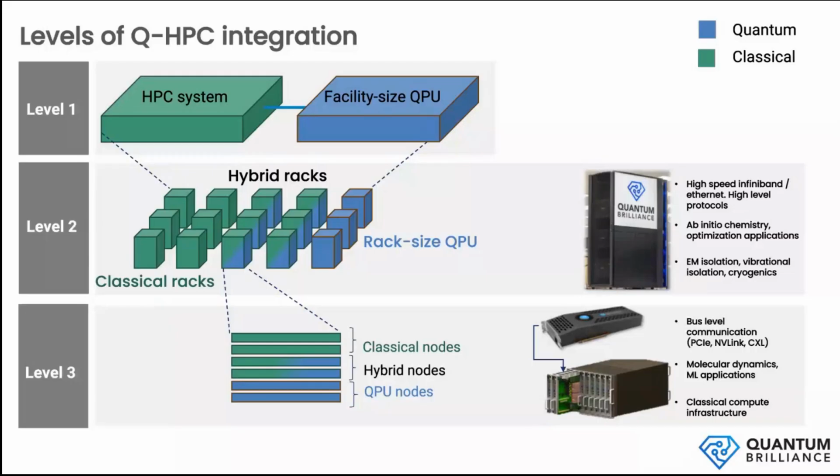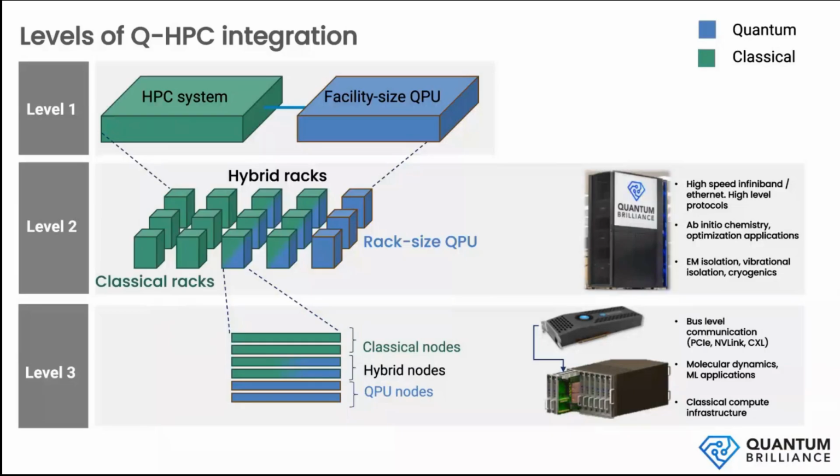Level 1 is the most general, or the first level, where you have a facility-sized quantum computer in one room, not necessarily close to the HPC system. And of course, you have the HPC system on the other side, located in a different room. And then you use, for instance, Ethernet or InfiniBand cables to communicate.